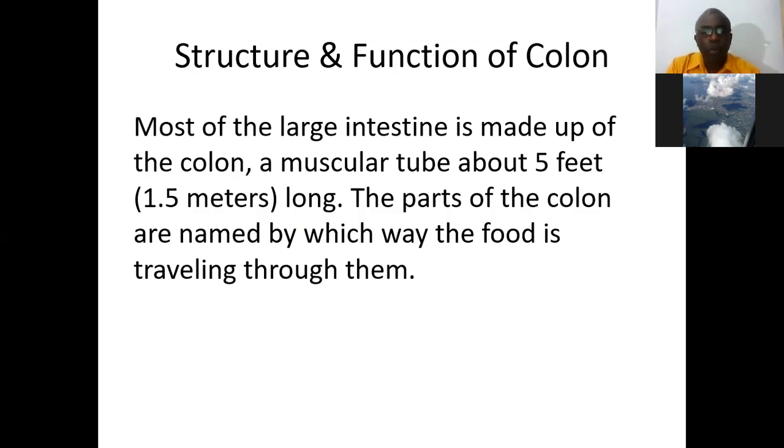The parts of the colon are named by which way the food is traveling through them. So you have ascending, transverse, descending, sigmoid, and anus, and all of those areas have different functions that they perform.